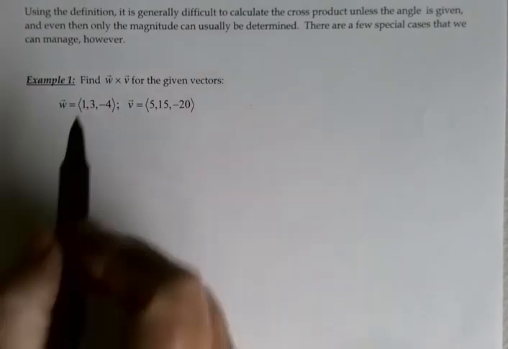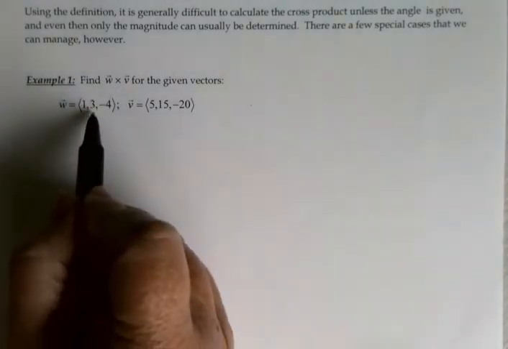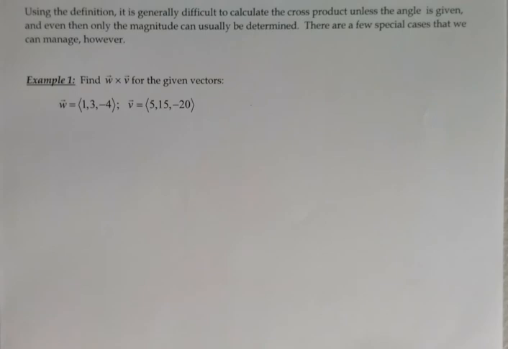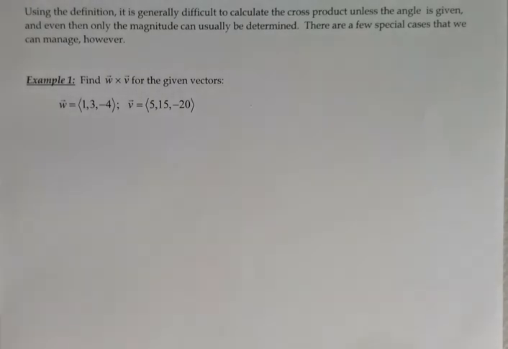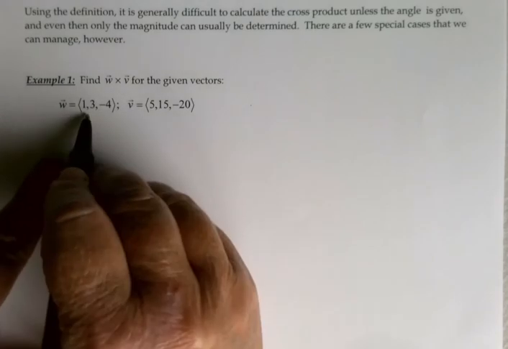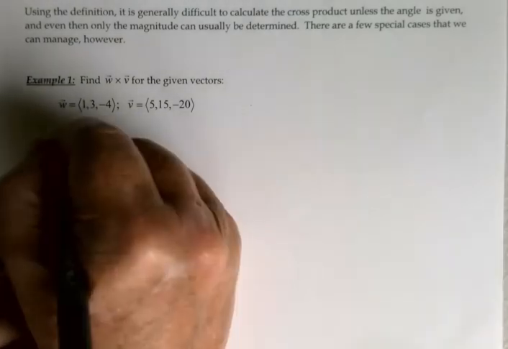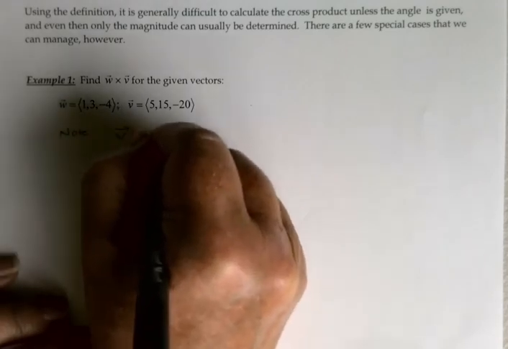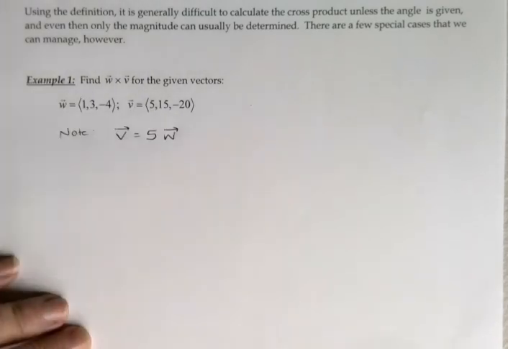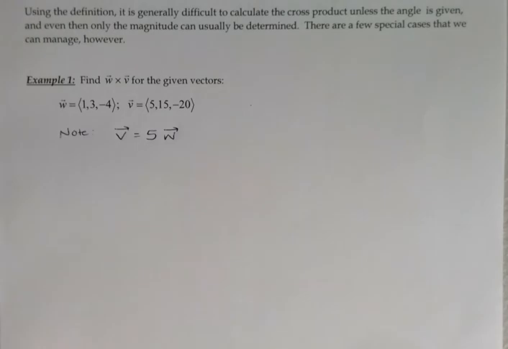So first of all, can we find W cross V for these two vectors? In this case, I think we can, only because notice there's a very specific relationship between W and V. V is just exactly 5 times W. And we know that when we've got one vector that's a scalar multiple of the other, they're in the same direction.